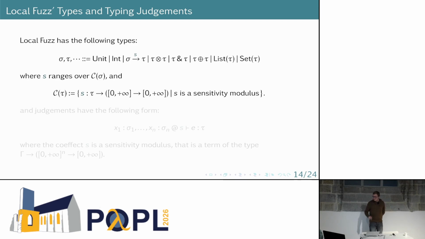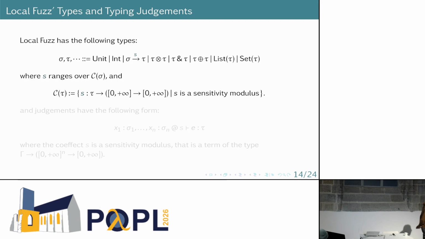Okay, so here is the type system we considered and introduced. The types are pretty much the same ones as Fuzz, except that the annotations are very different. Before, the annotations were real values. Now they are functions, and not trivial functions. So I will spend some time explaining what's going on.